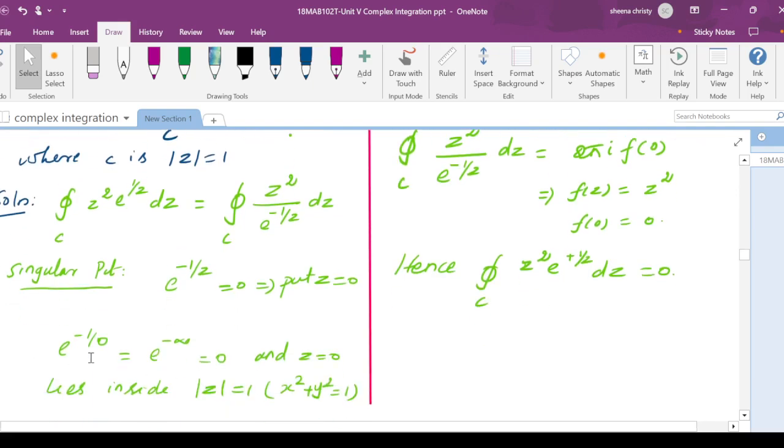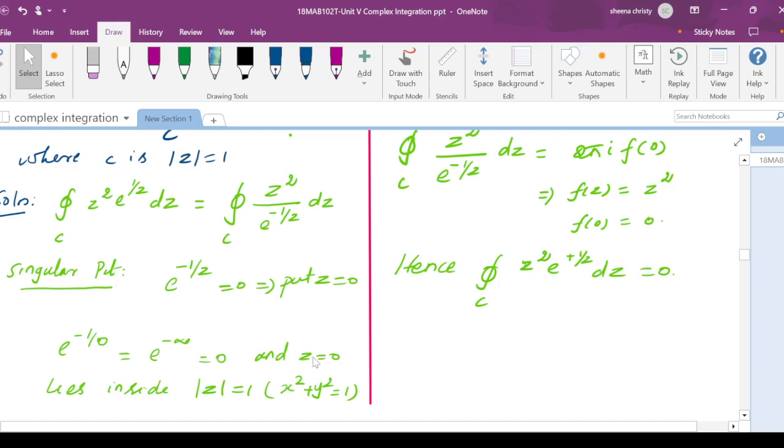E power 1 by 0. Because why we are putting z equal to 0? We are having in the denominator only z. So z equal to 0 is the singular point. By putting z equal to 0 here, minus 1 by 0 will give you infinity. We know that e power minus infinity is 0. Therefore, the point z equal to 0 is the singular point.